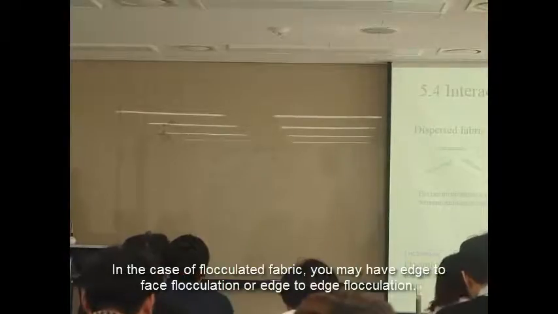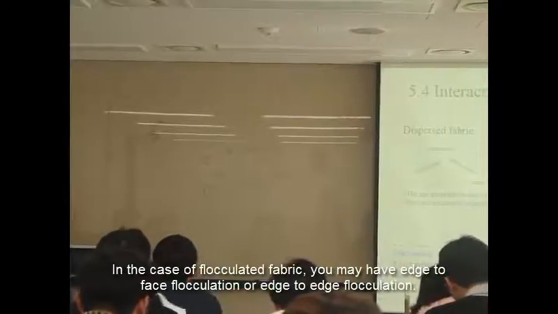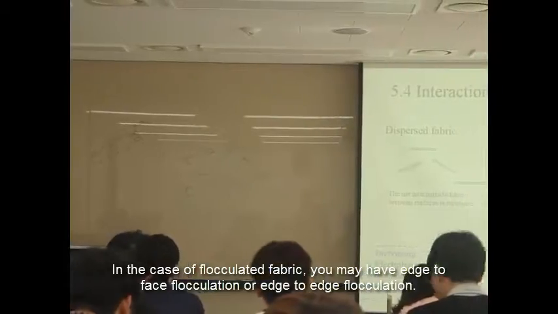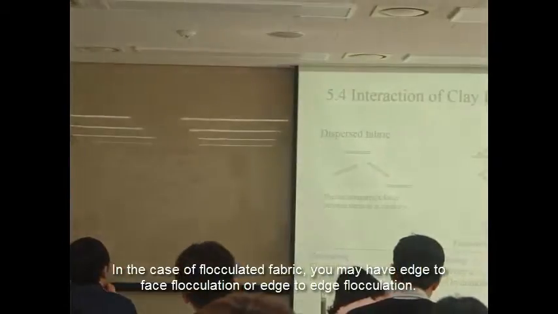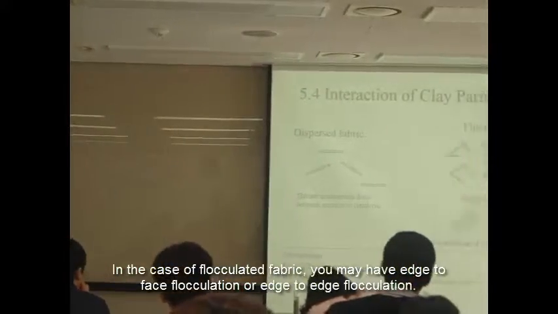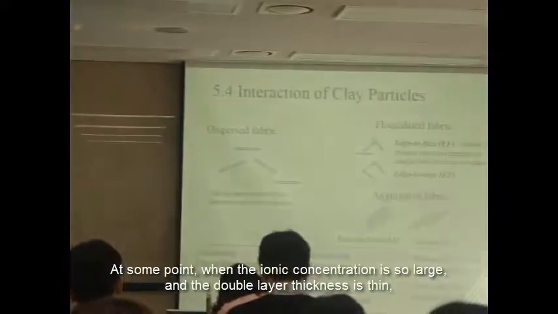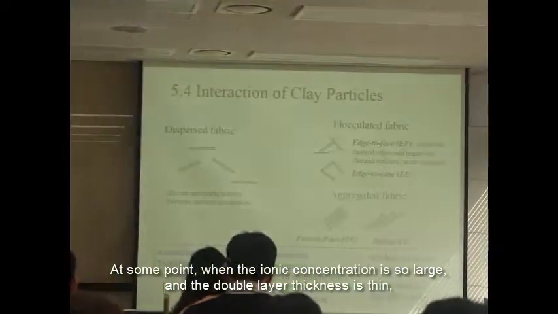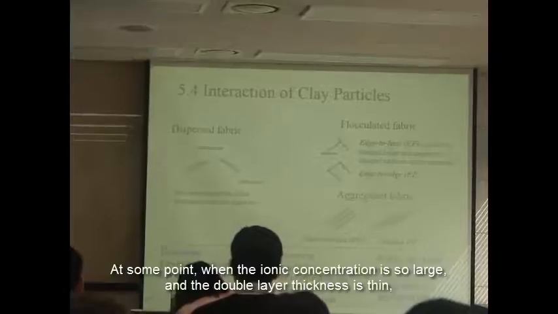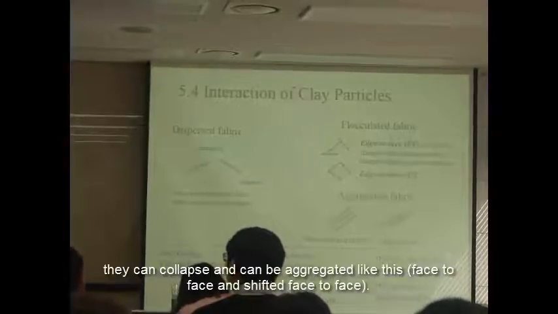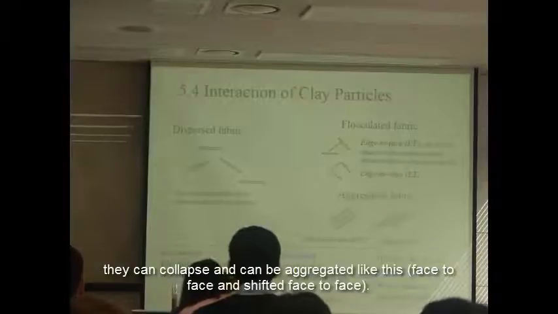In the case of flocculated fabric, you may have edge-to-face flocculation or edge-to-edge flocculation. At some point, when the ionic concentration is very large, the double layer thickness is thin, so they can collapse and be aggregated like this, face-to-face and shifted face-to-face fabric.